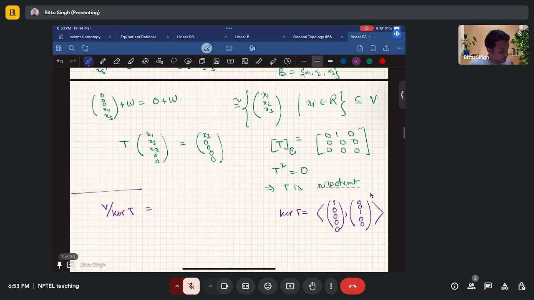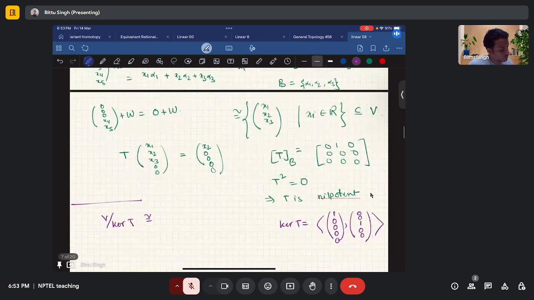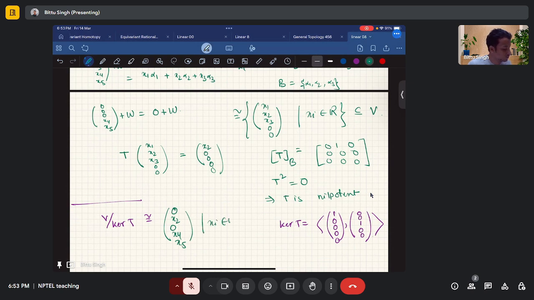Now, by the same logic, it is clear that V mod kernel T is isomorphic to a similar kind of thing. Except for first and third, we just take the other entries. So 0, x2, 0, and x4, x5, where xi belongs to R.